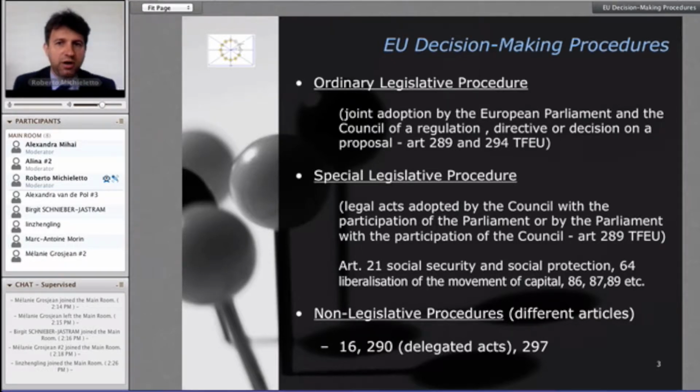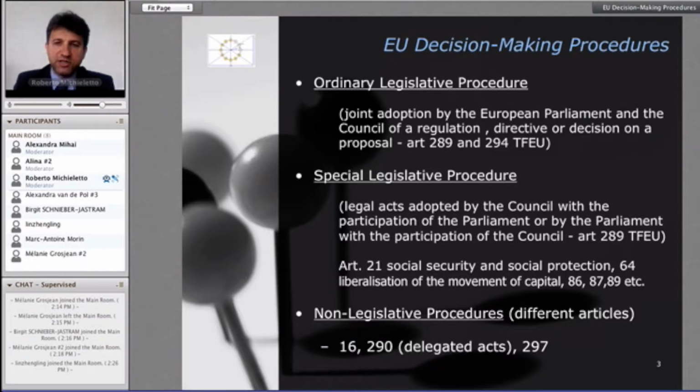Directives, which are legal acts of principles, which need implementation by member states, and decisions, which are immediately applicable and directed to one specific person, or even one specific state. I remember decisions on fiscal acts, for example, going directly to member states.